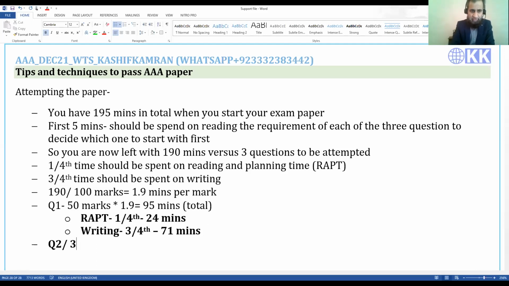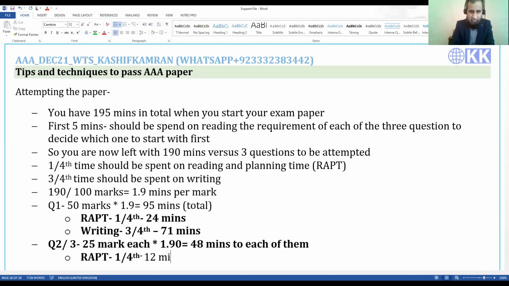Now we get to questions 2 and 3. Because they're equal, they are 25 marks each. So multiply by 1.9. How much time should I give to each 25 marks question? 25 multiplied by 1.9, 48 minutes to each of them. What should be the RAPT for section B for each question? 12 minutes for each.